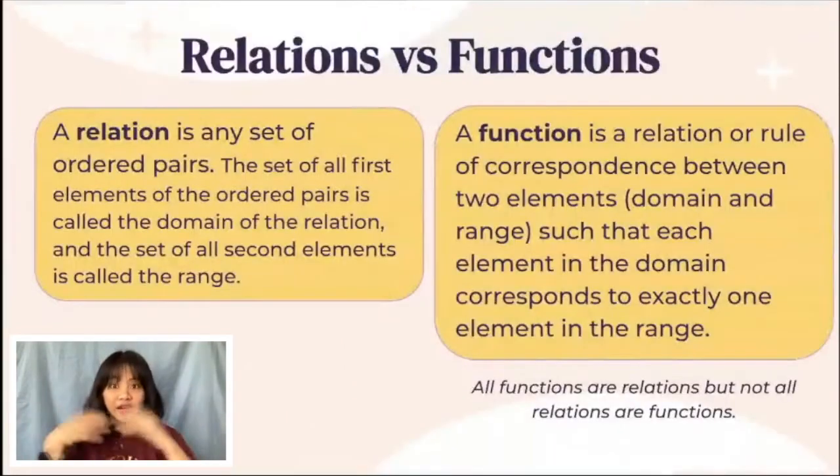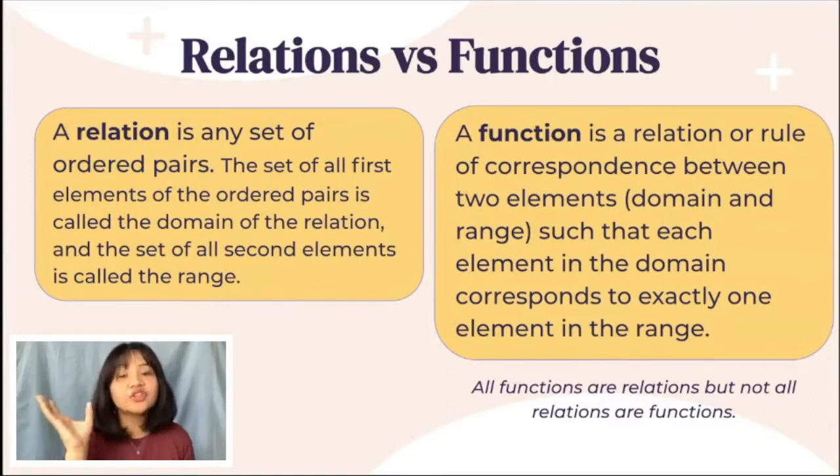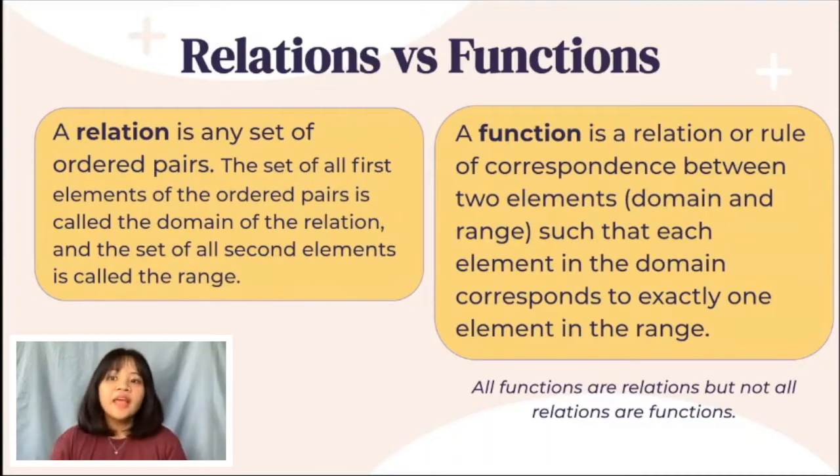So I have here a comparison. So when we say relation, it's any set of ordered pairs. The set of all first elements of the ordered pairs is called the domain. As what I said earlier, the x values are our domain. And the second set naman, or tinatawag nating y values, are your range. Let's move to function. So a function is a relation or rule of correspondence between two elements.